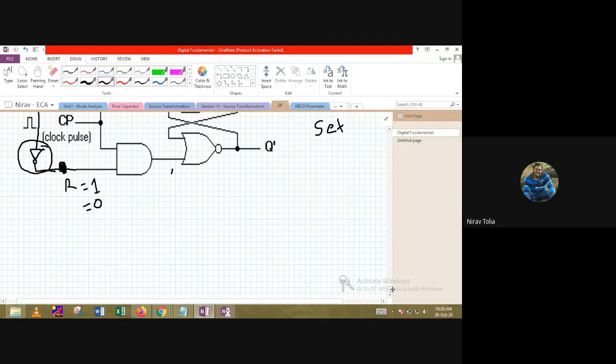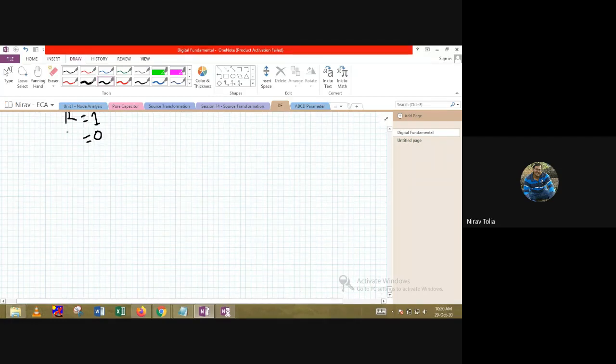Okay, so let me write down the truth table. So this is the truth table of the D flip flop.